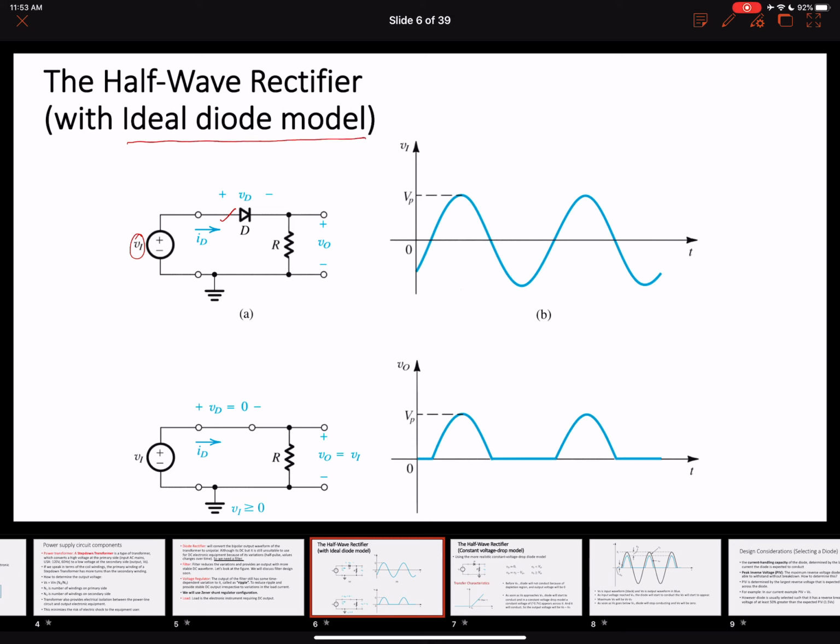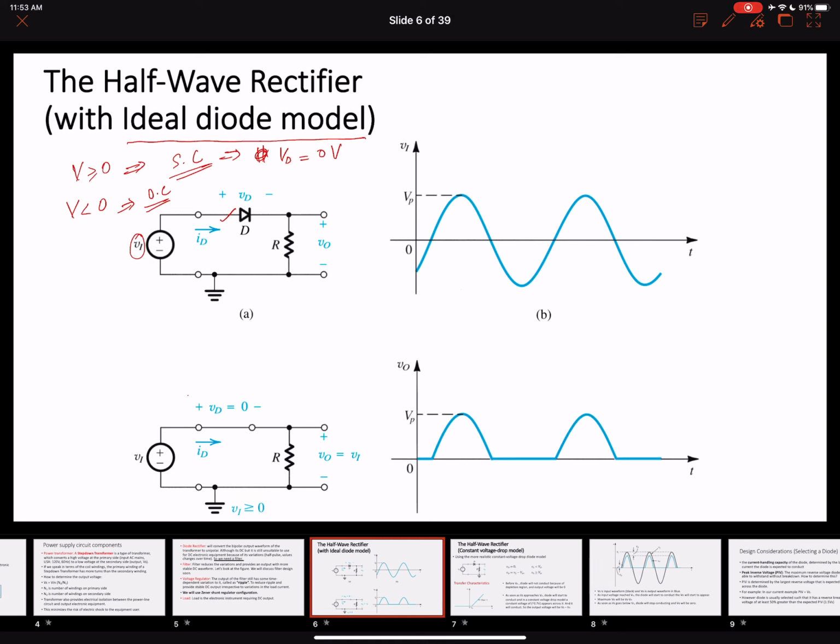An ideal diode model, if you remember, is that whenever the voltage is greater than or equal to 0, the diode becomes a short circuit, and whenever the voltage is less than 0, it becomes an open circuit. In the short circuit case, the potential drop across it is equal to 0 volts.